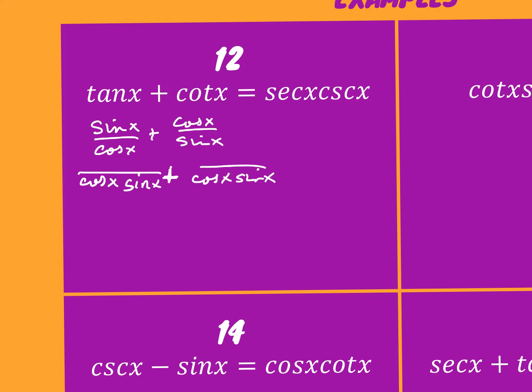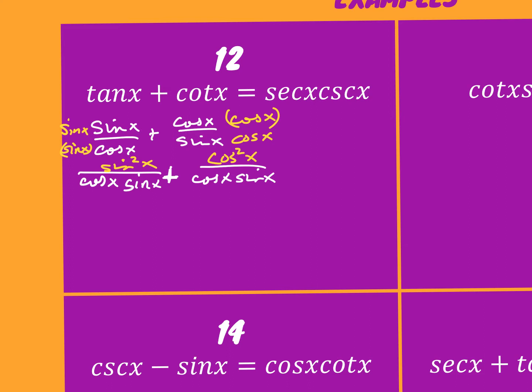This one was missing the sine x, sorry, not sine squared, but sine x. That's what I had to multiply to get the common denominator, so this new numerator is sine squared x. Over here, this one's missing cosine. When I multiply it to the numerator, it becomes cosine squared x.